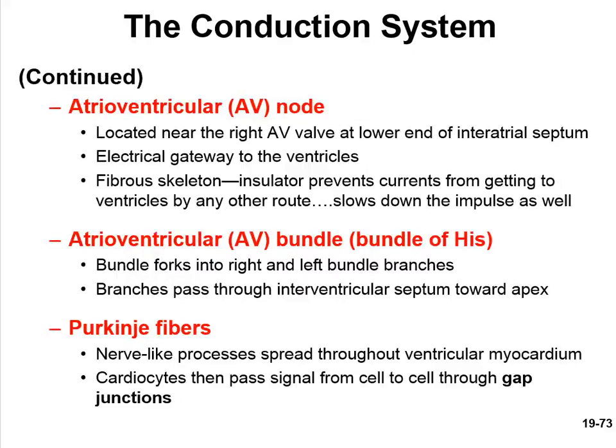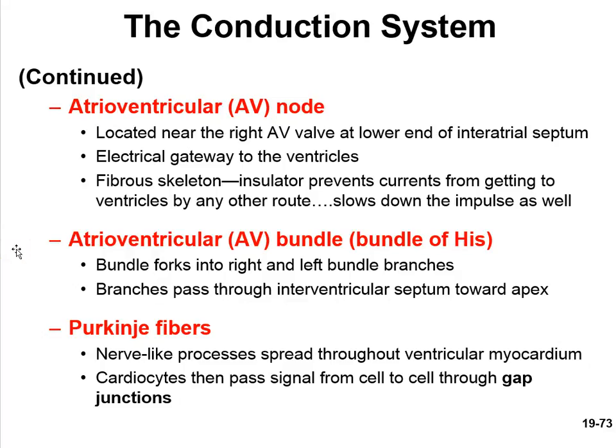Then we've got to make sure that the ventricles can contract. So there's the AV node, or the atrioventricular node. This is located near the right AV valve at the lower end of the interatrial septum. This is our electrical gateway to the ventricles.